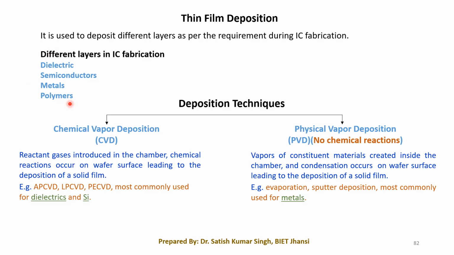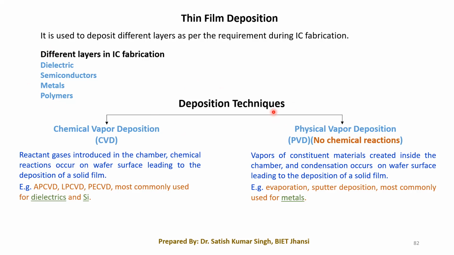If we want to deposit a particular thin film onto a wafer, either a substrate or a substrate containing a particular layer, then to deposit these layers, we have two broad categories of deposition technique.